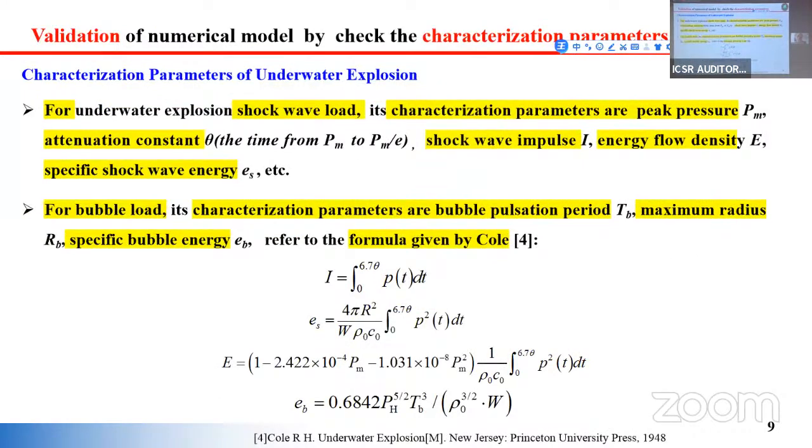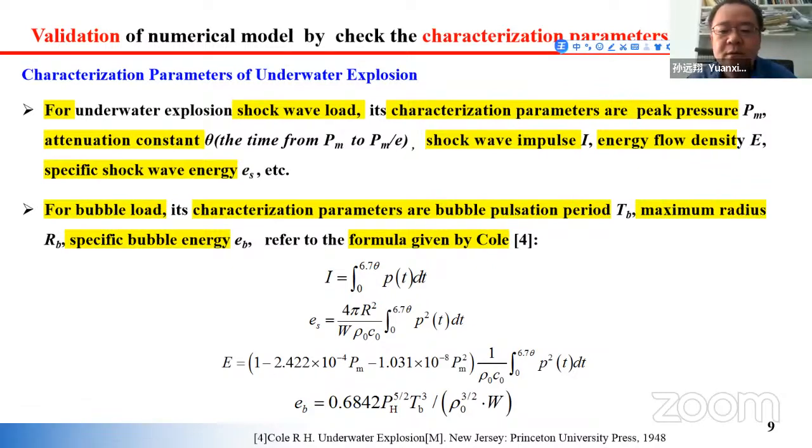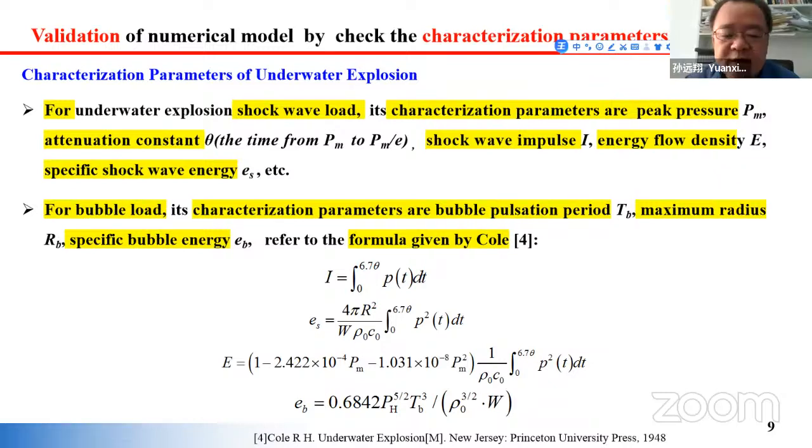My question is, why do you have that 6.7 theta there in I? The first equation, you have 6.7 theta, right? Did you use the same equation for your numerical study also? Can you say why you use the same value? You mean for the different explosive? No. Why you have used 6.7 theta is my question.